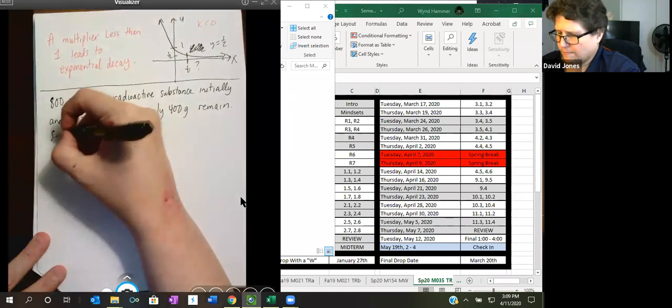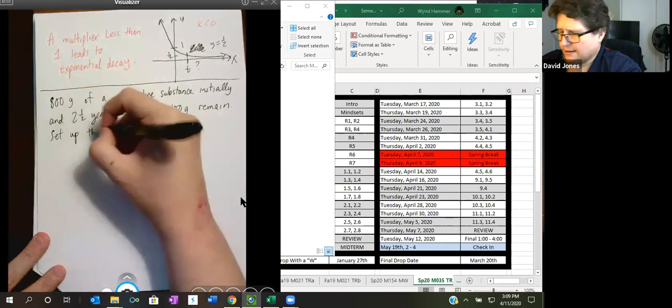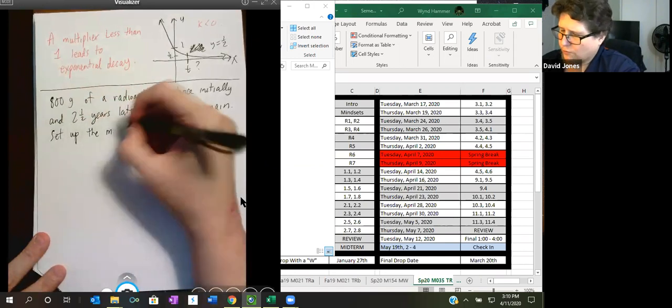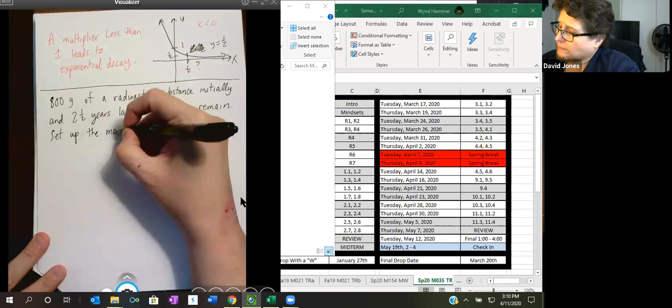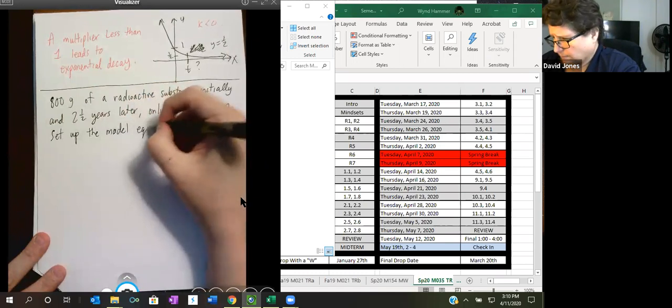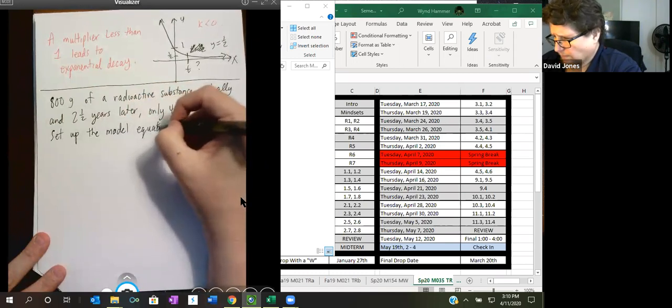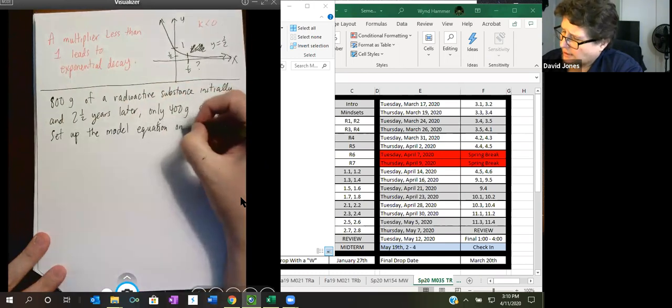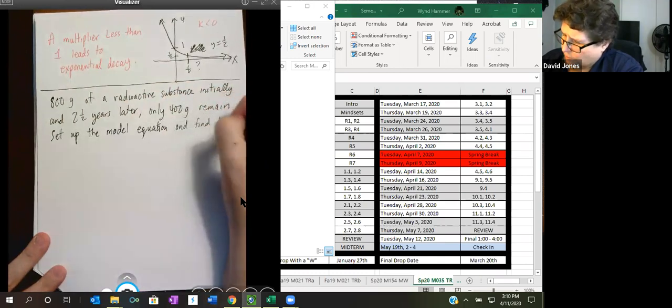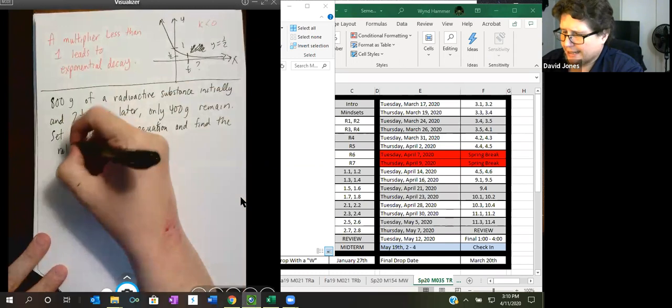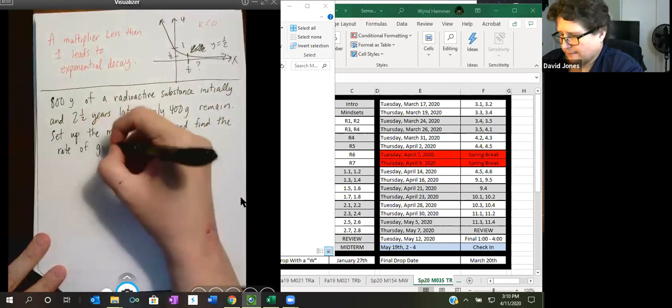Set up the model equation and find the growth rate, the rate of growth or decay, whichever one it is.